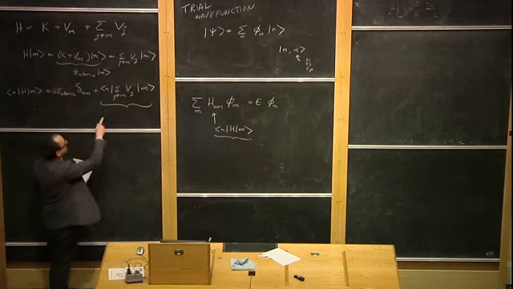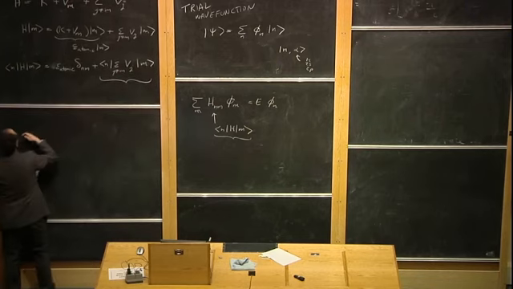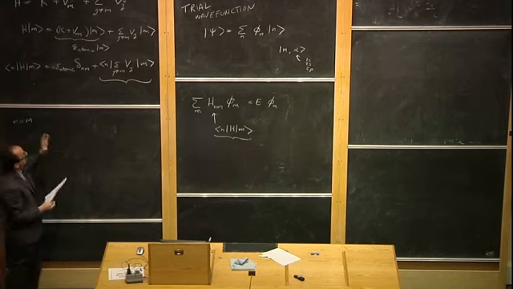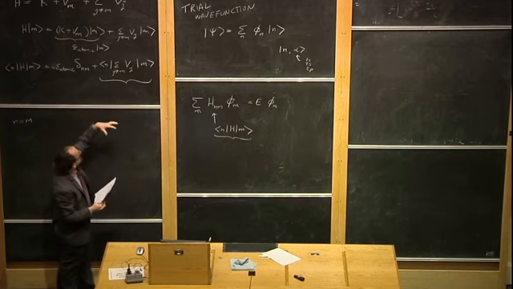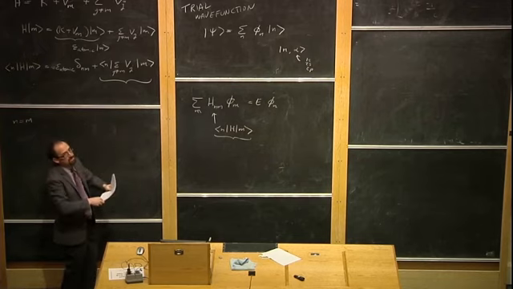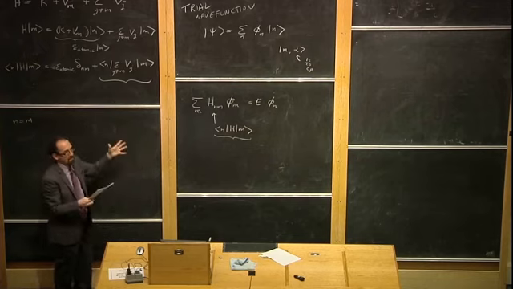Now, there's a couple of things that could happen with this term. One possibility is that n equals m, in which case what this is telling you is that there's some change in its energy sitting on nucleus m due to its interaction with all of the other atoms, not m. Okay?